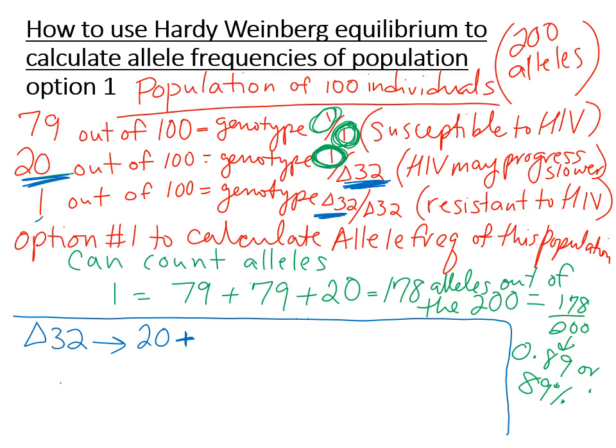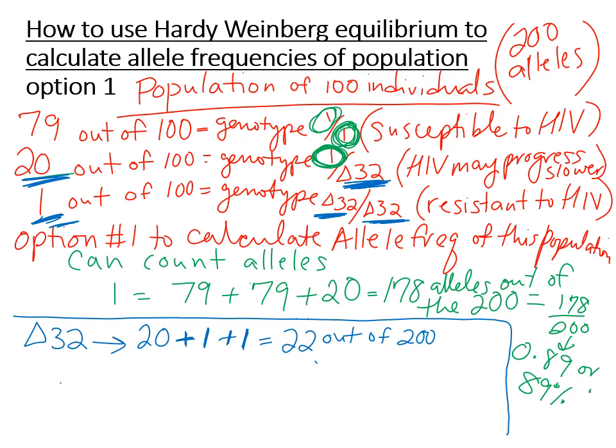Right here. And that's one allele. And the last spot that you see it here, well, that's one allele again. So that's 22 out of 200 alleles.